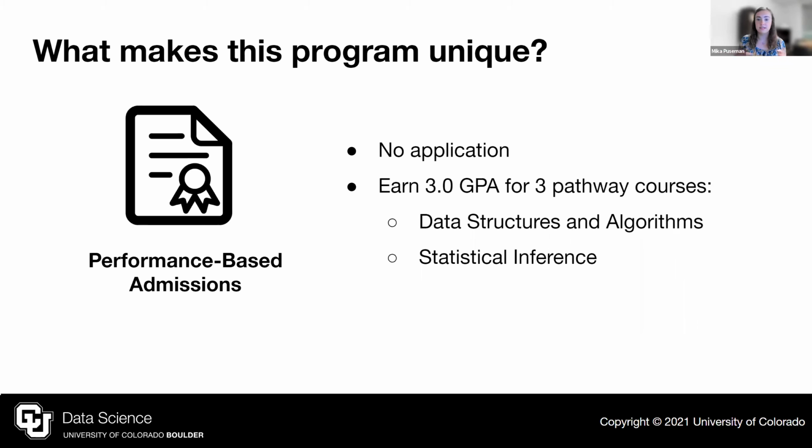Then you're going to complete the 3 courses that I mentioned earlier. What we call that is a pathway specialization. So there's 2 pathway specializations you can choose from. If you're strong in computer science, we recommend the data structures and algorithms pathway. And if you're strong in statistics, we recommend starting with our statistical inference pathway.